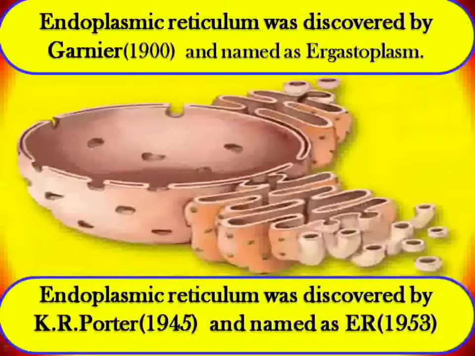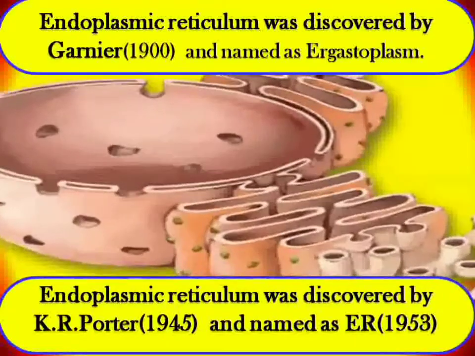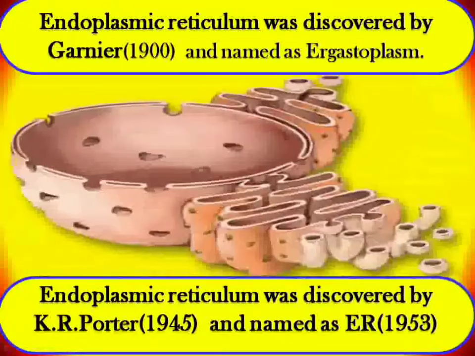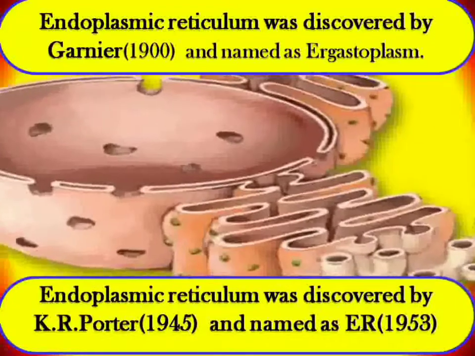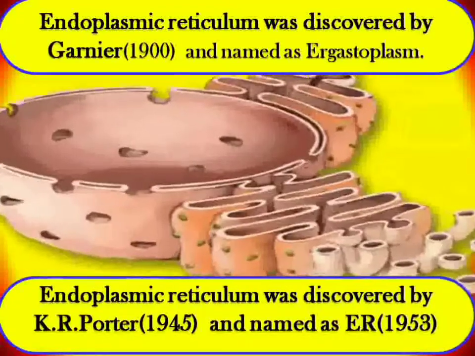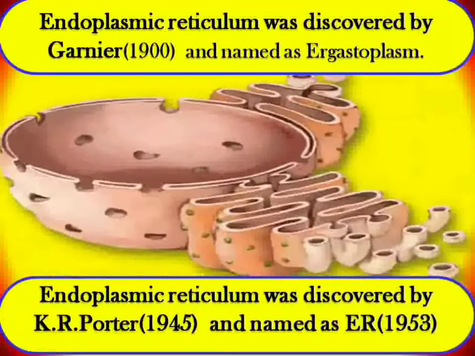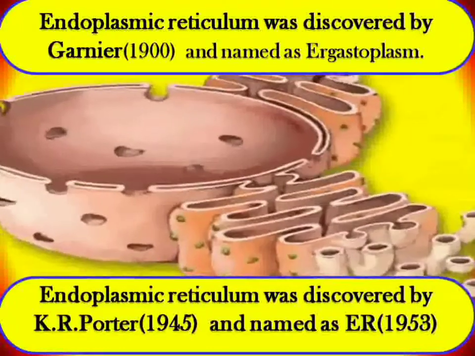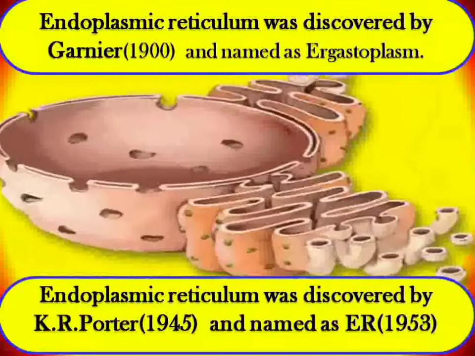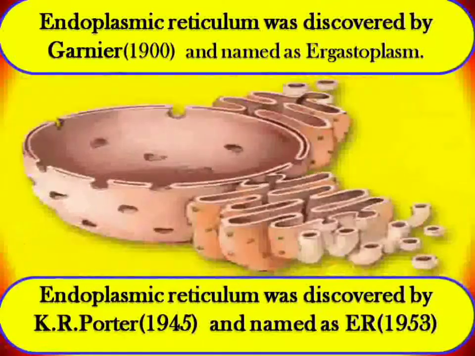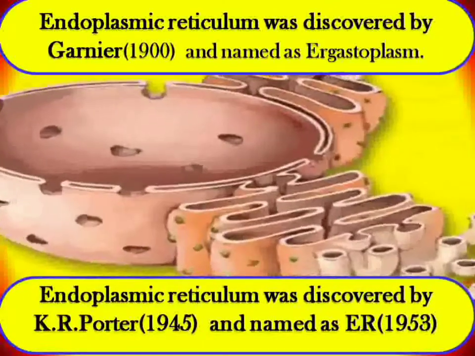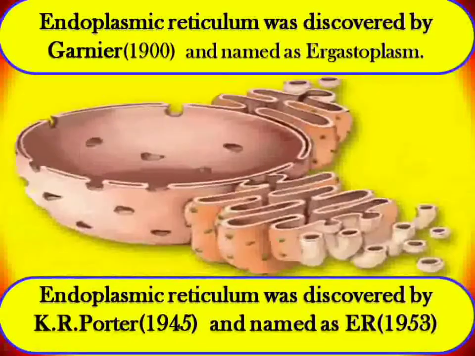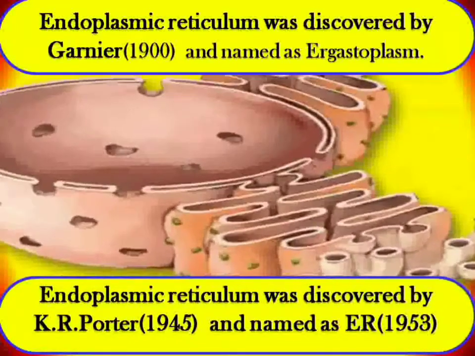In the year 1953, K.R. Porter coined the term endoplasmic reticulum for this structure. Before that, scientists used to call it alpha endomembranous system, beta endomembranous system, gamma endomembranous system, ergastoplasm, or other names.